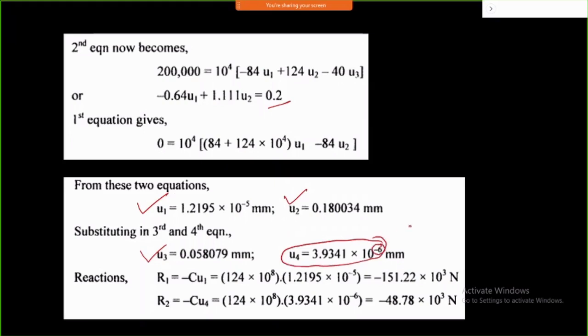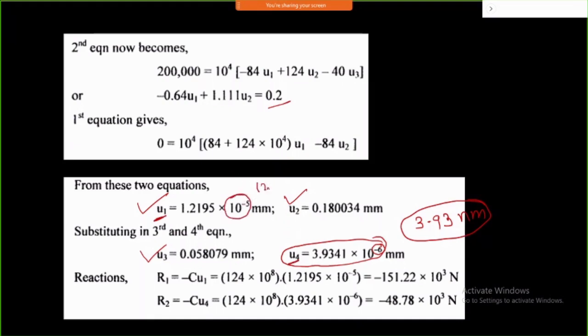This is a very low value. Almost 3.93 nanometers of deformation is observed at the fourth node. This is an approximate technique. That's why some deformation you always observe, and that is what you get on U4. And even in U1, here it is 10 raised to minus 5 something.